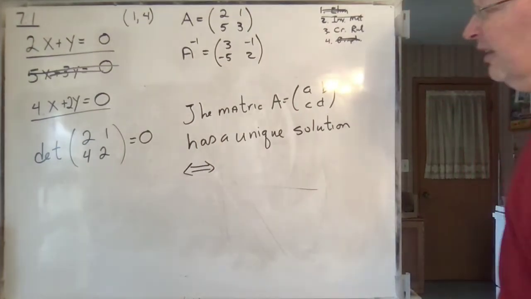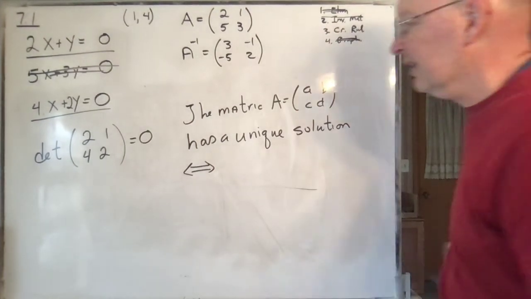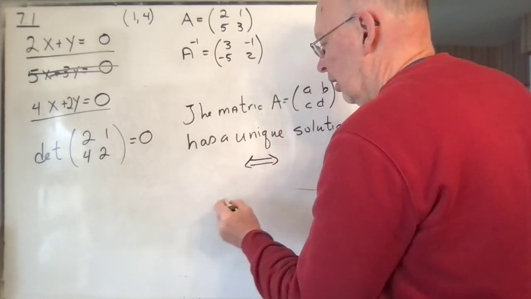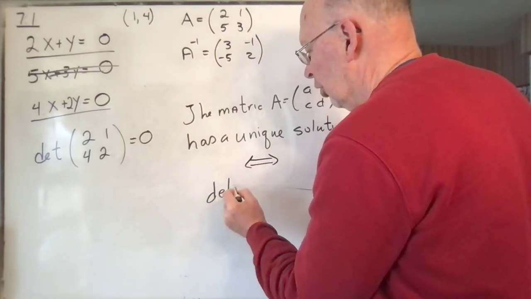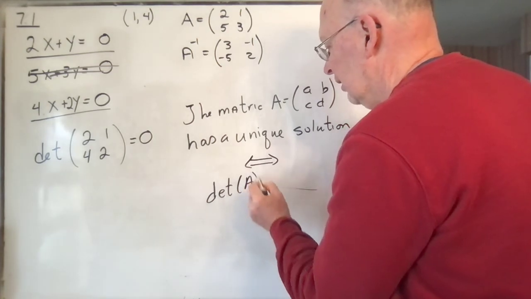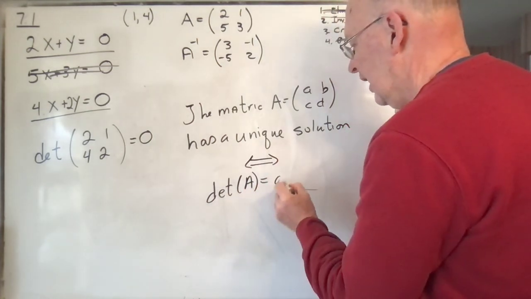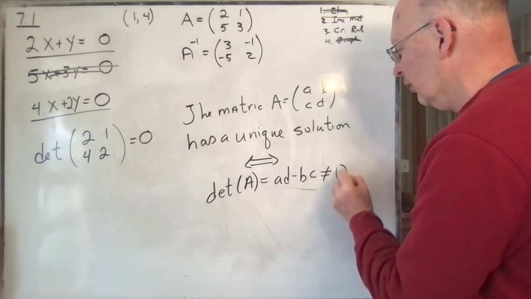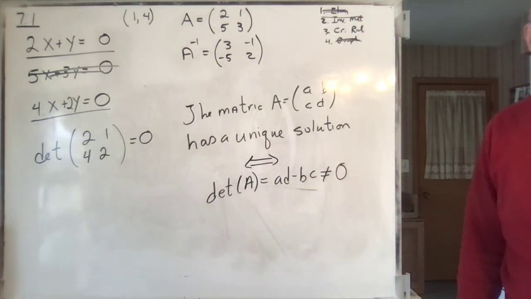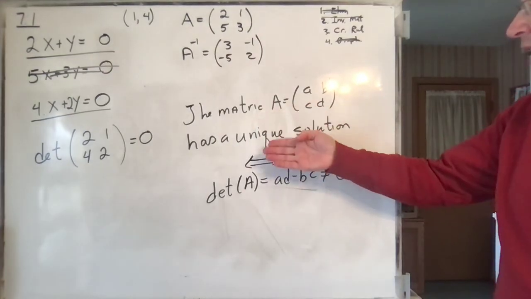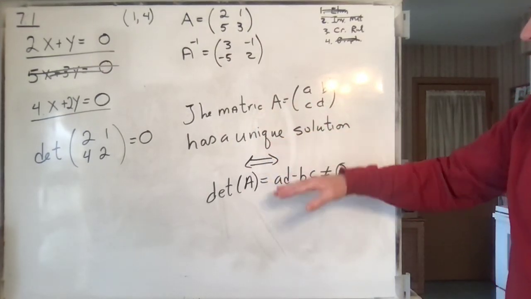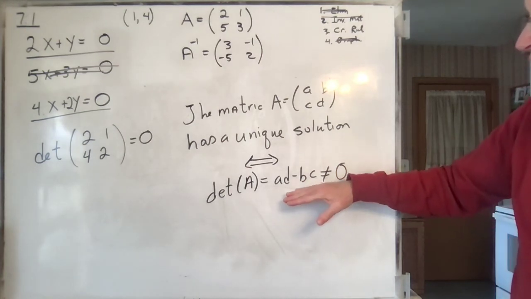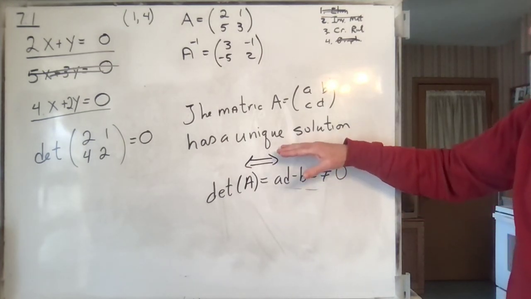Means each one of these things implies the other. If and only if the determinant of A, which of course we know to be AD minus BC, is not equal to 0. So that is key. This thing has a unique solution, means that the determinant is not 0. On the other hand, if the determinant is not 0, this thing has a unique solution.